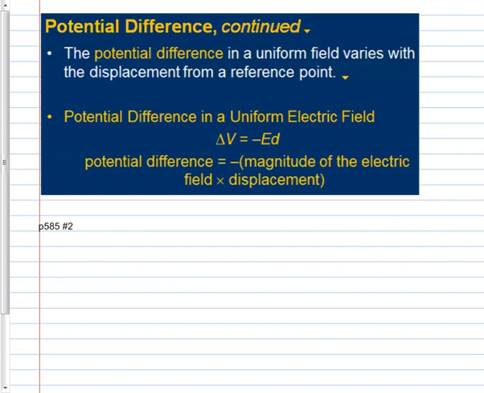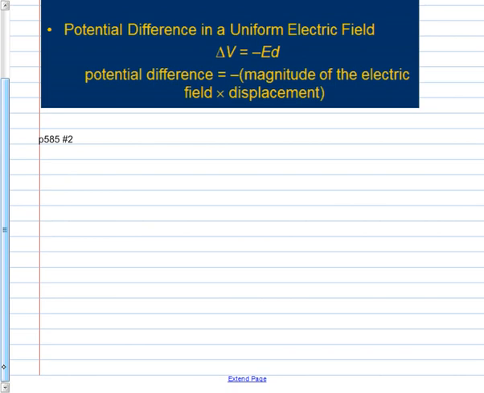Let's practice here on one of these. 585, number 2. It says, what is the potential difference between the initial and final locations of the particle in problem 1? Oh, they're going to make us go back and look. So a particle moves 10.0 meters. So there's a displacement, 10.0 meters, along an electric field strength, 75 newtons per coulomb.